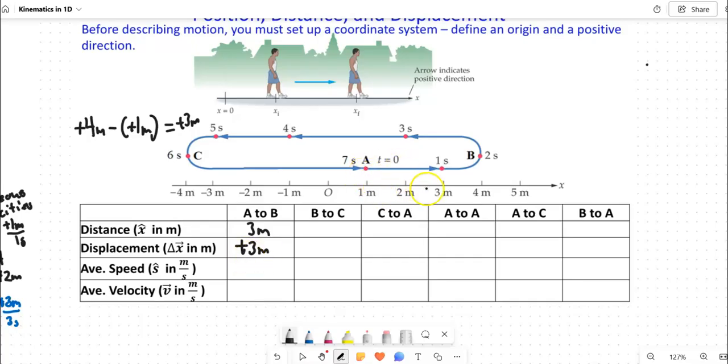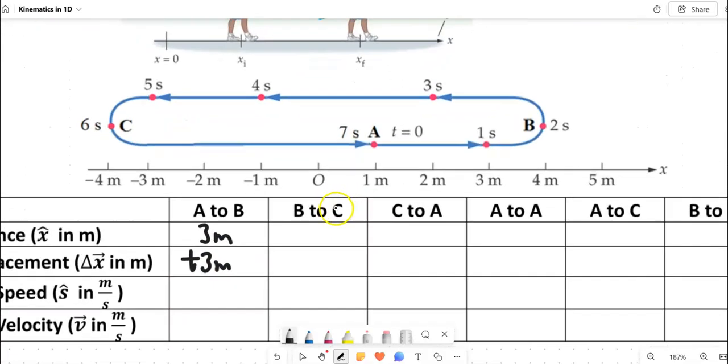Or you could just count 1, 2, 3, just like I did. Okay, now the period of time that took was, well, you started at 0, 1 second, and 2 seconds. So your average speed is going to be 3 meters over the period of 2 seconds.